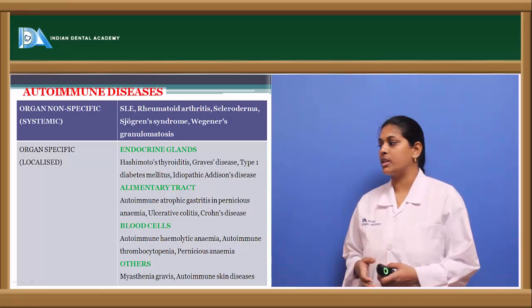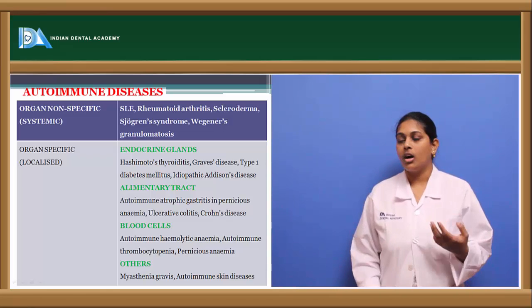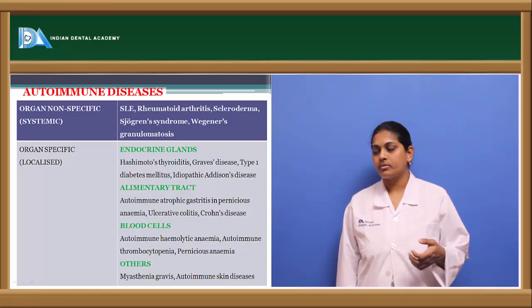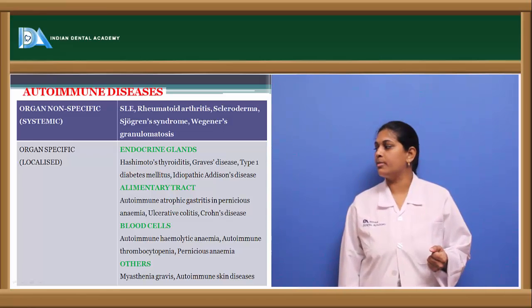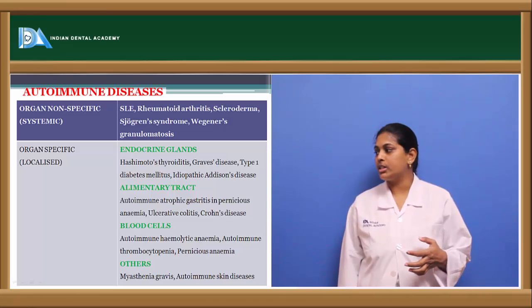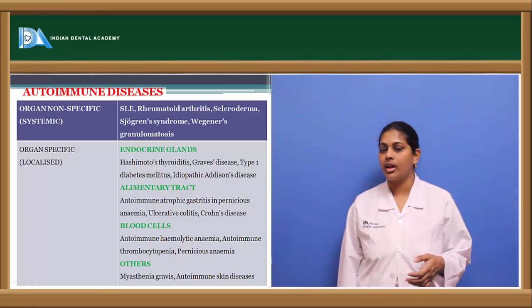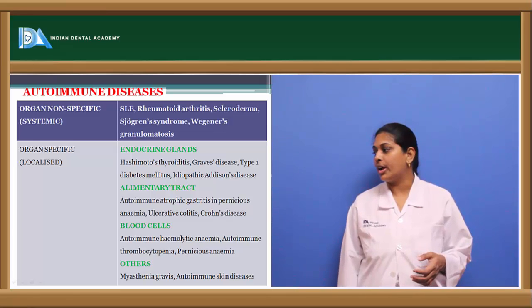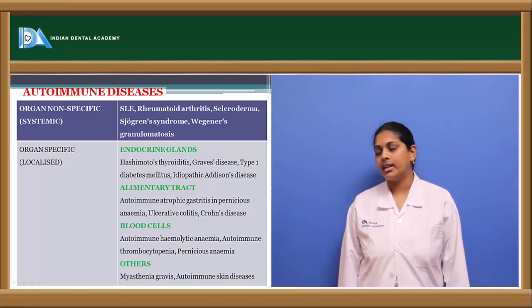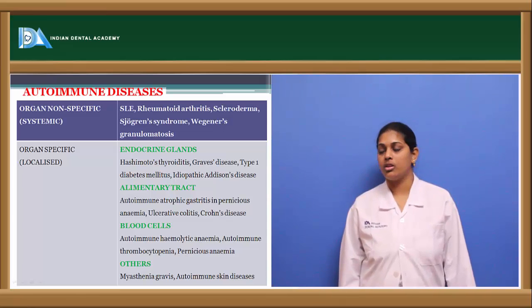Coming to the organ-specific localized autoimmune disorders, those specific to the endocrine glands are Hashimoto's disease, Graves' disease, type 1 diabetes mellitus, and idiopathic Addison's disease. The next set of diseases are localized to the alimentary tract: autoimmune atrophic gastritis in case of pernicious anemia, ulcerative colitis, and Crohn's disease.